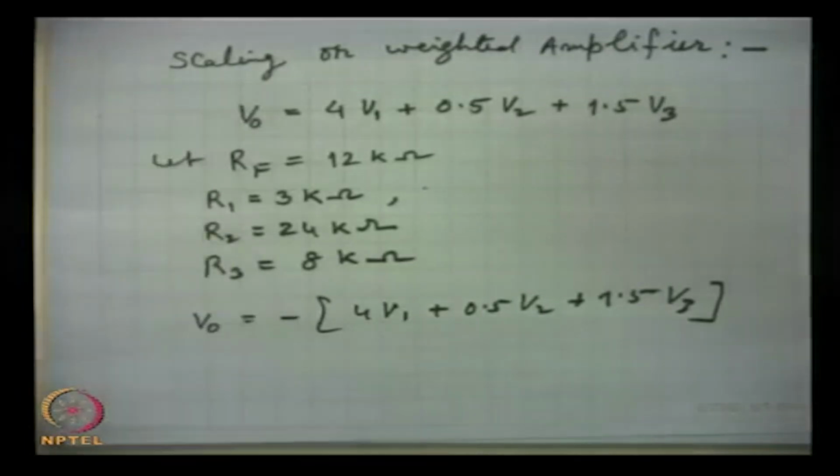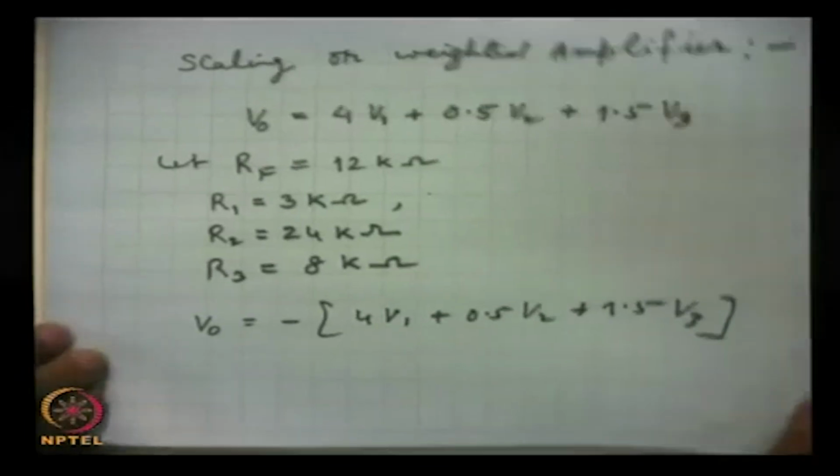So this is the scaling or weighted amplifier. Then the third one was the averaging amplifier.